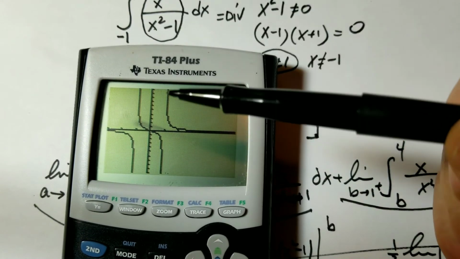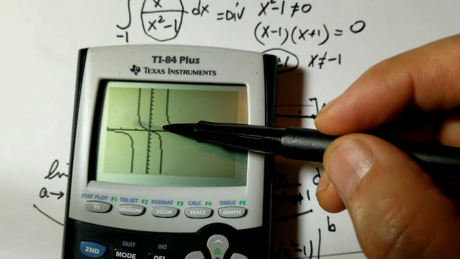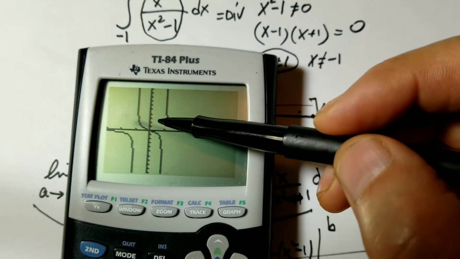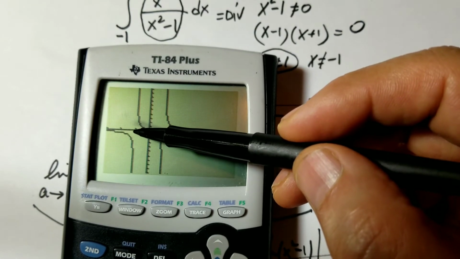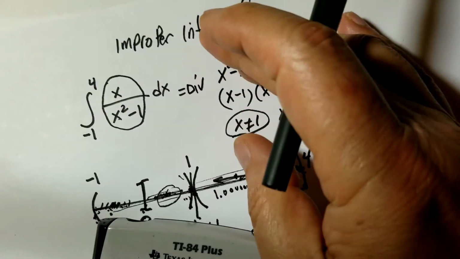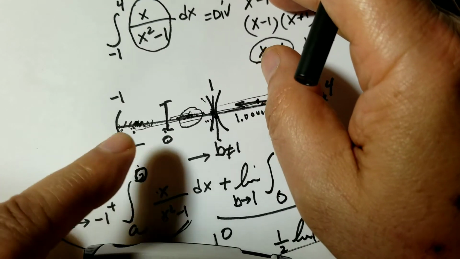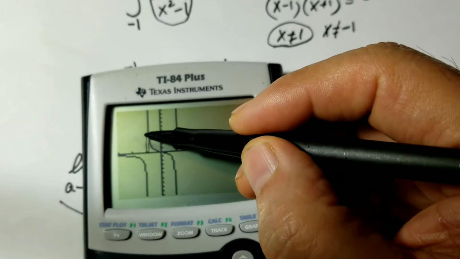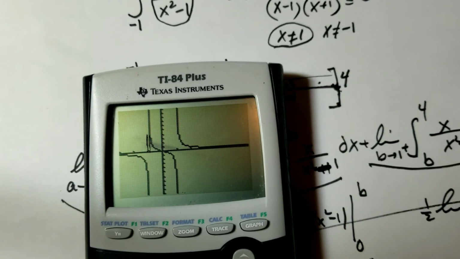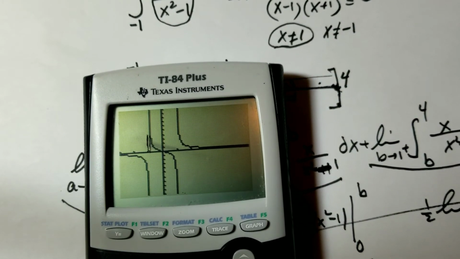The question is here, I'm going to find the area under the curve from -1, remember that, -1 to 0. -1 to 0 is here. You know I cannot integrate from -1.